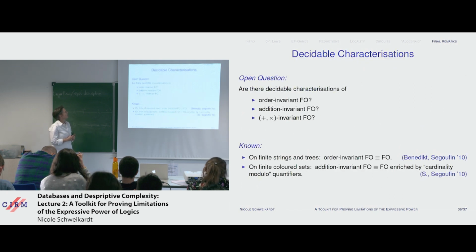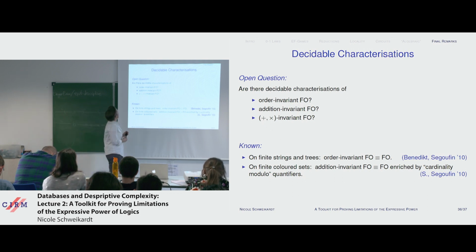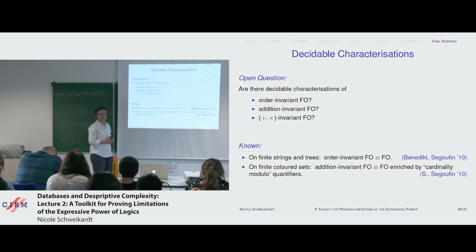Okay, and then decidable characterizations. That would be really great. So are there decidable characterizations of order invariant first order logic, addition invariant first order logic, addition multiplication invariant first order logic? And in some sense, this quest for a logic capturing P time is the question if there is a decidable characterization of order invariant least fixed point logic.